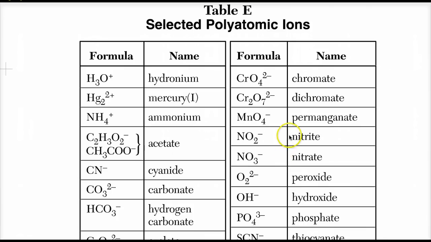Table E. If you look carefully here, the acetate ion, which is the conjugate base of vinegar, is written 2 ways. And people say, which one do I use? I always said, well, this is a molecular formula, how the molecule is given, how you've been dealing with it the rest of the year. And this is a structural formula, showing exactly how they're bonded.